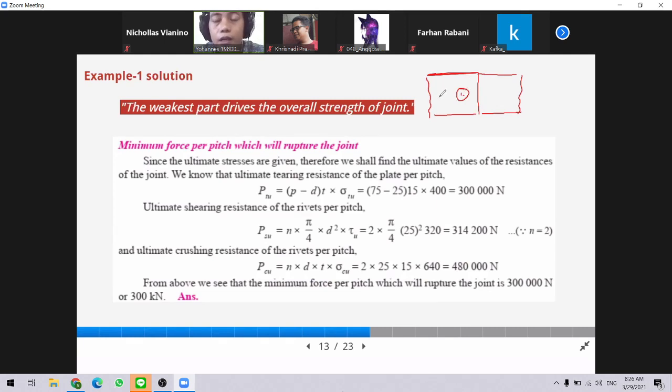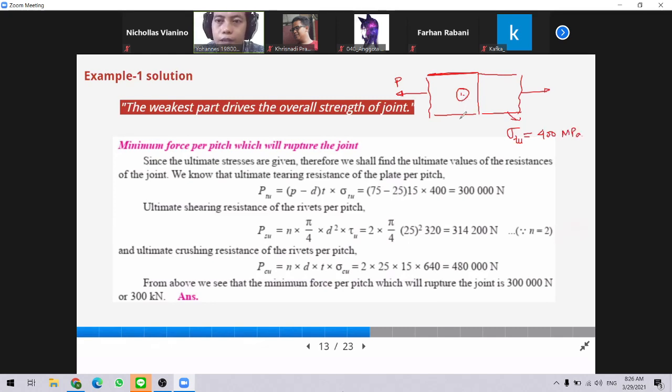With single rivet, and we have load working here, and we know the properties of this plate. The ultimate tensile strength is 400 megapascal.